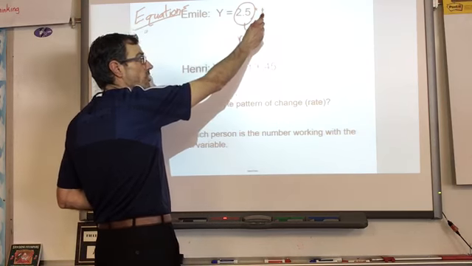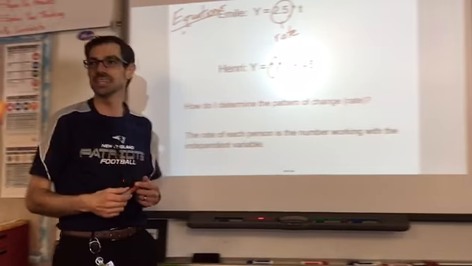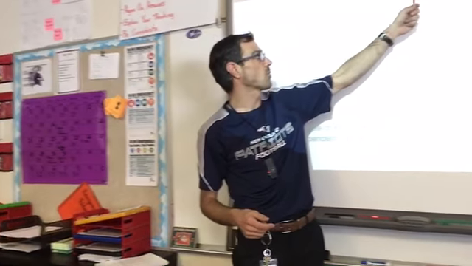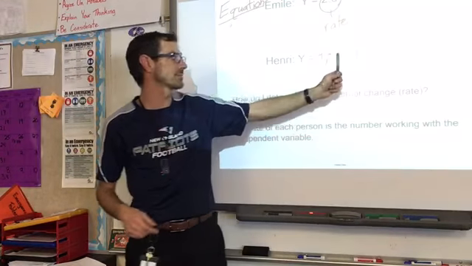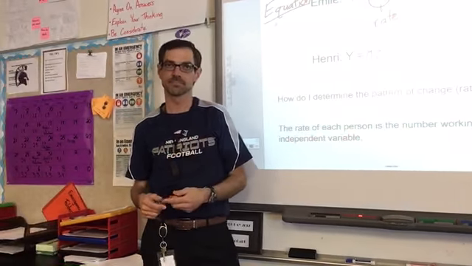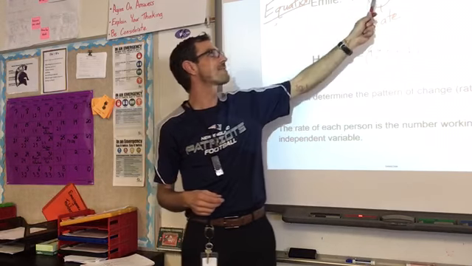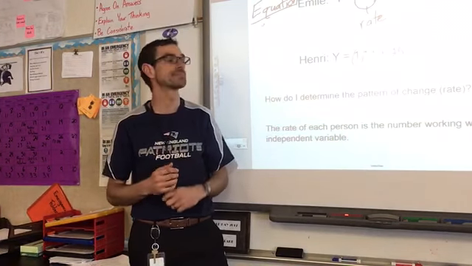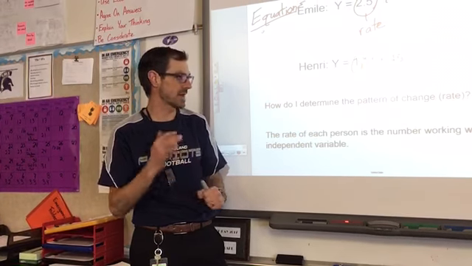And my rate works with my independent variable, my x-axis. It works with, up here it's time, and here is time. It's the coefficient of time. That would be the technical term, the mathematical term.